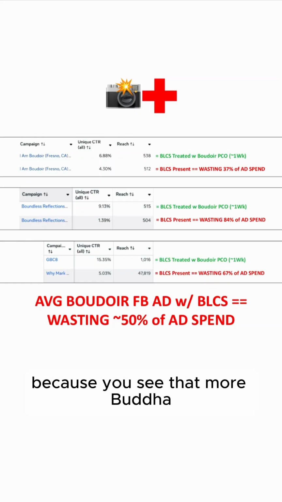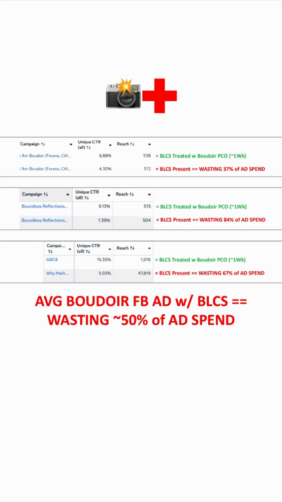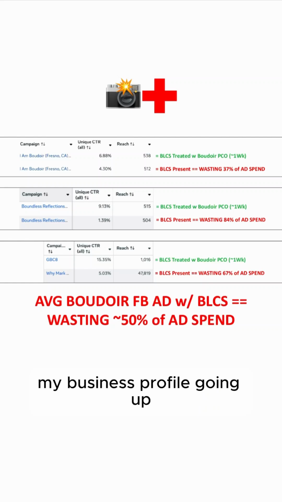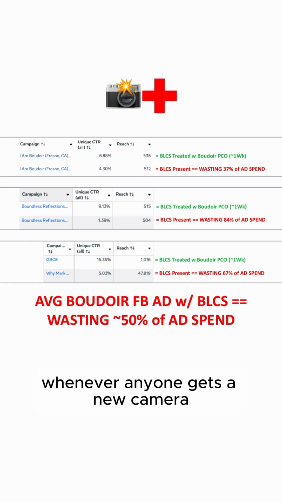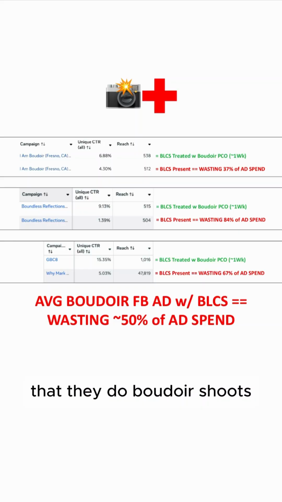Because you see that more boudoir photographers are entering the market every day. The market's getting more and more saturated. Seems like every time someone gets a new iPhone, there's a new Google My Business profile going up saying they do boudoir shoots. Whenever anyone gets a new camera, seems like there's new posts in the mom group saying that they do boudoir shoots.